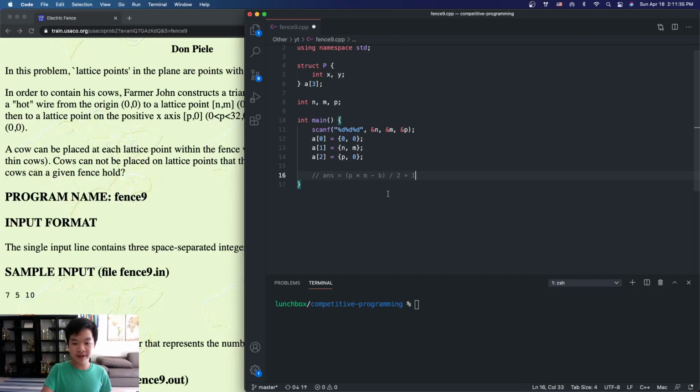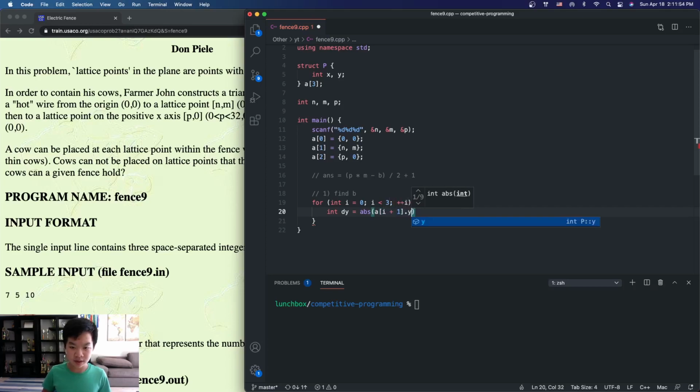All right, so let's first find B. For each of those three segments, we're going to have delta y equal to the absolute value of a, I plus 1. Or let's actually use this: we can have just j equals I plus 1 mod 3.